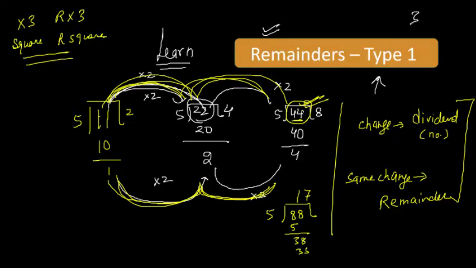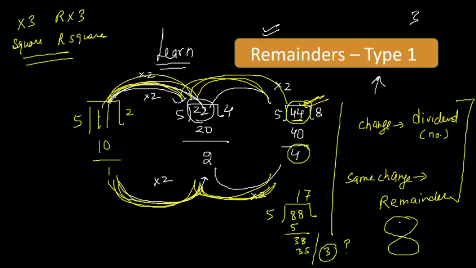Your remainder will now be 3. But initially they were getting double. Now 4 twos are 8, I think it should come 8. But we are getting 3. So it seems our rule has now failed. Is it so?